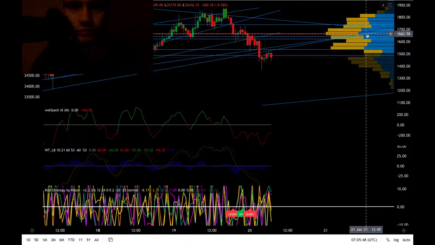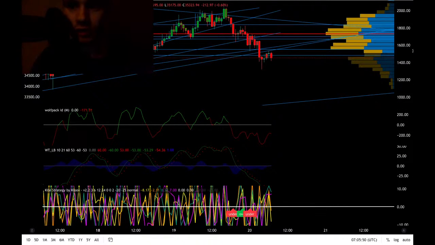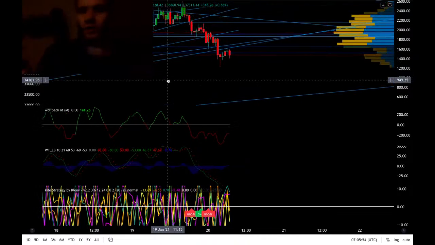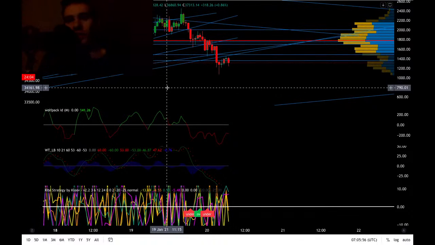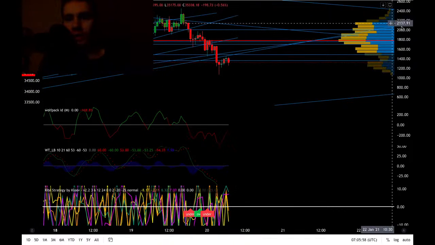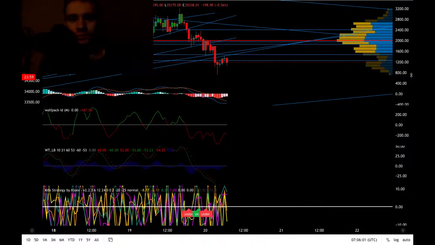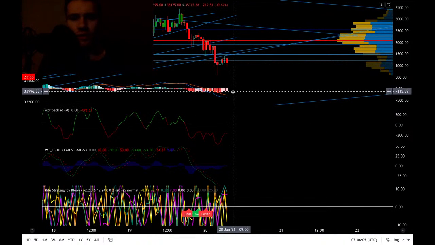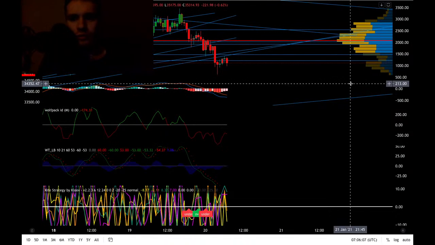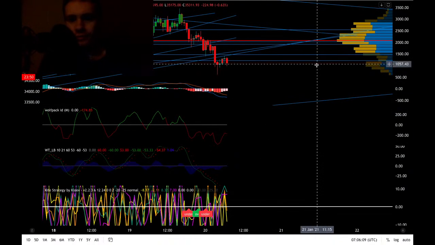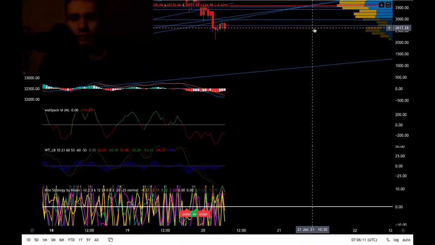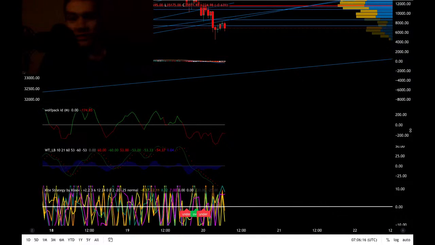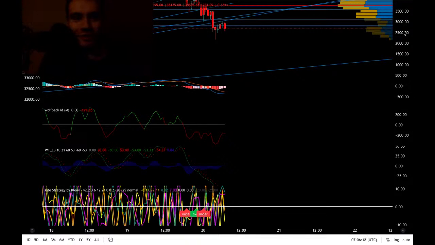Okay, I think that fixed it. Nope. Alright, well, I don't know what's going on with it, but we're consolidating right now, obviously. And that's just the MACD. Let's get rid of the MACD, see if that fixes it. Yeah, I don't know. TradingView is straight broke.